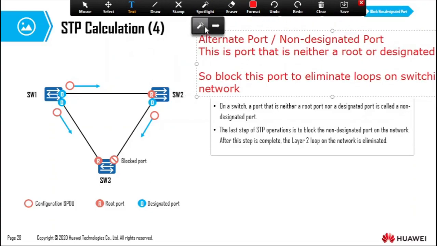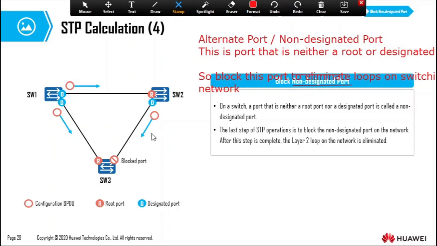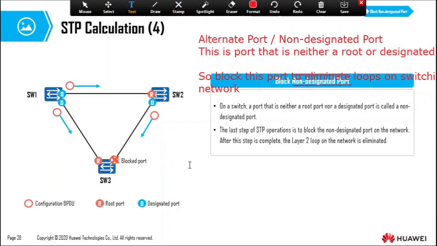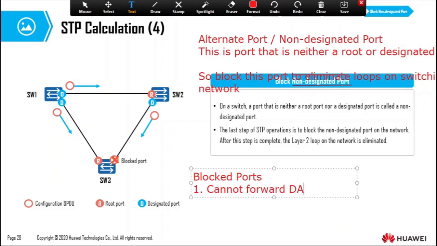So far, the only port in this example that has not received a role is this one. So we block it. Now, blocked ports cannot forward data.